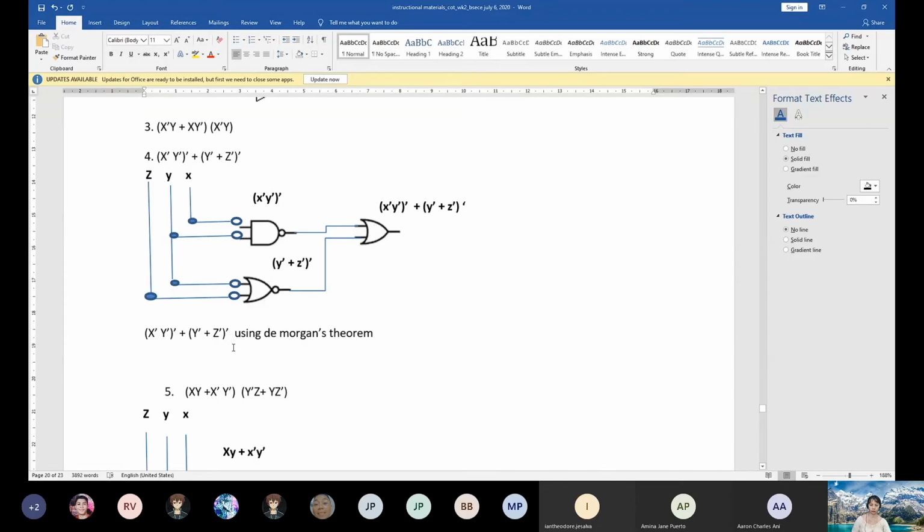So we have, what are we going to do? If we're going to insert the prime inside the parentheses, it becomes x prime prime, right? X double prime and y double prime.